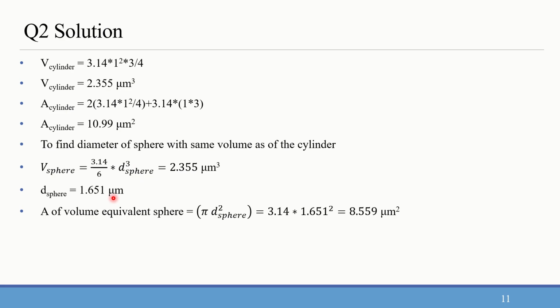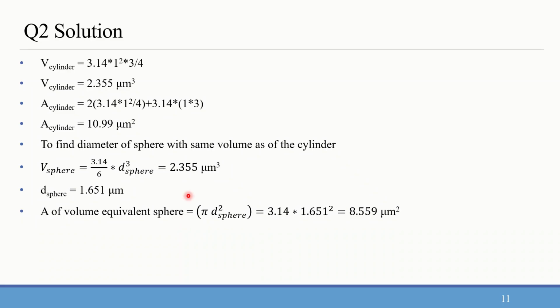So d sphere is equal to, taking everything to the other side, 2.355 into 6 divided by 3.14, which will give us 4.5, and taking the cube root of that gives us 1.65096. So it is 1.651 micrometer. Now we have to find the surface area of the volume equivalent sphere, which is pi d square.